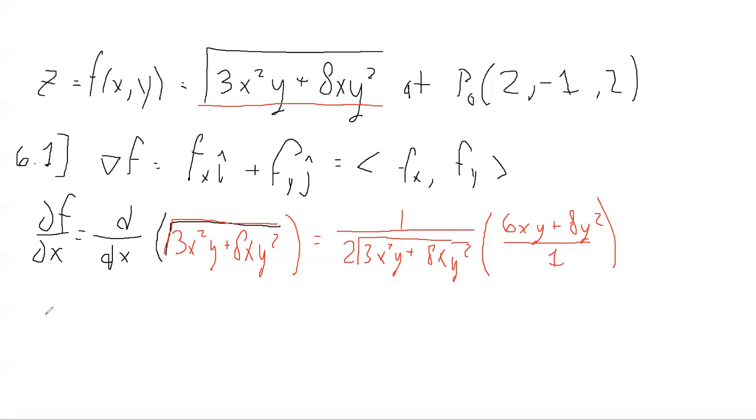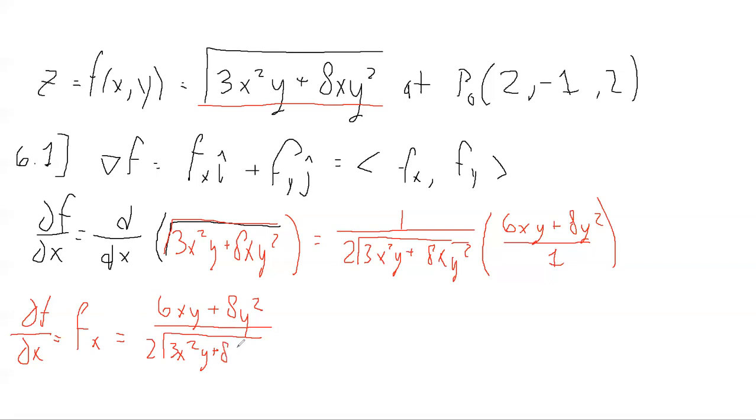And from that, the partial derivative f of x is equal to 6xy plus 8y squared over 2 times the square root of 3x squared y plus 8xy squared.